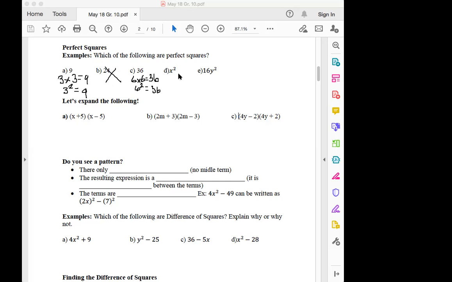Looking at x squared, that's pretty self-explanatory: x times x gives us x squared.